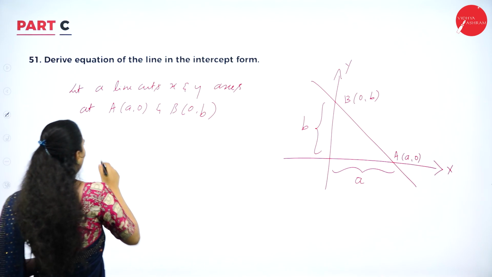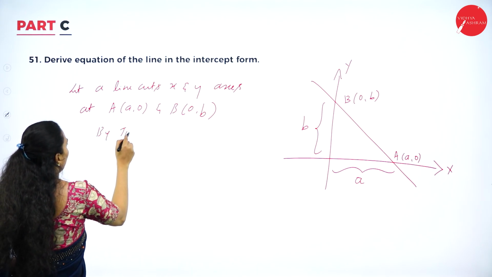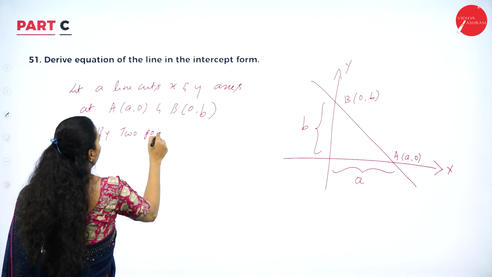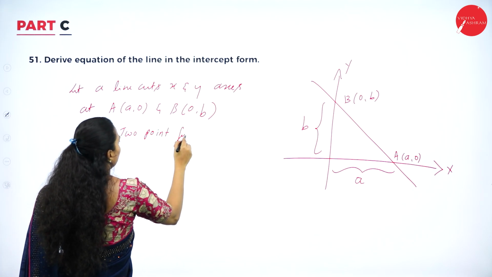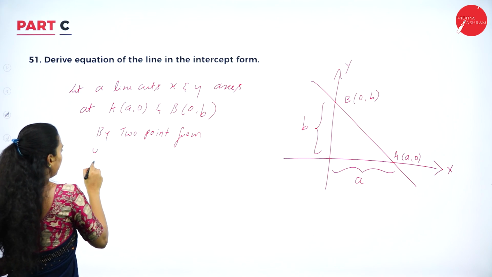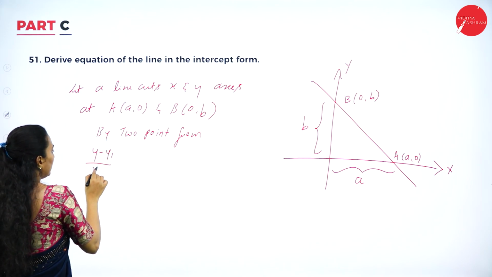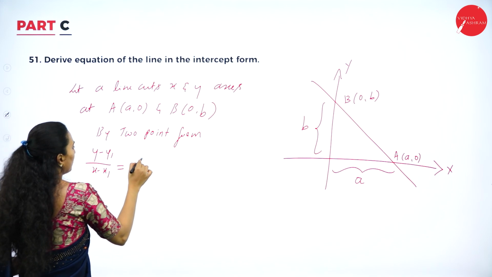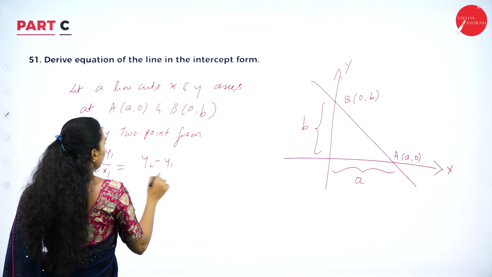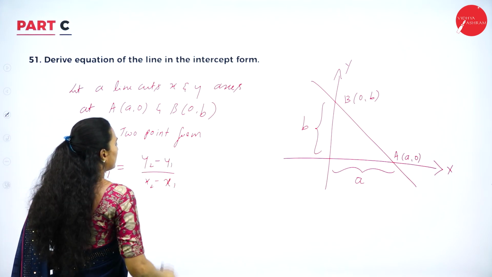What is the two-point form? You can have (y minus y1) divided by (x minus x1) is equal to (y2 minus y1) divided by (x2 minus x1).